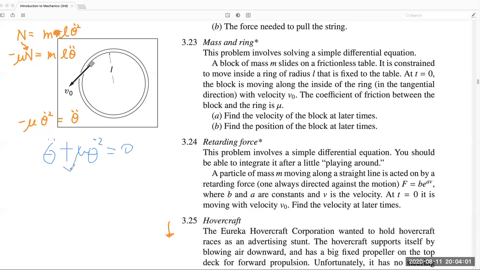Oh, in second order? If you consider it as second order, it will be quite complicated. And this one is actually a separable differential equation. Now you can solve it like this.